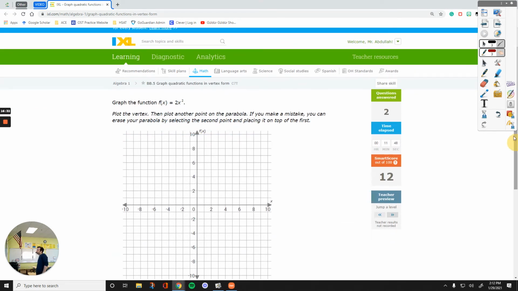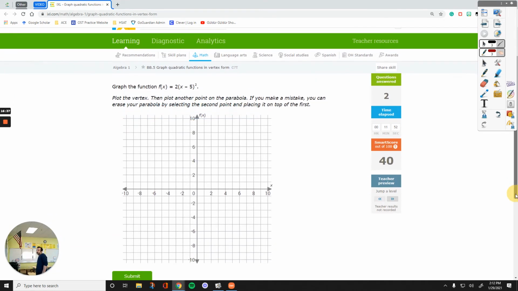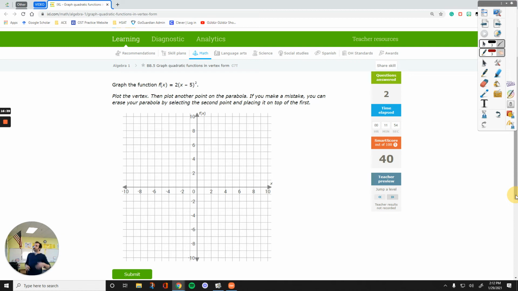Okay, here. Let's skip one more level. Okay. So the function we have is 2 times x minus 5 squared. And then let's just complete it so we see what number we have for the k. Everything else is here.